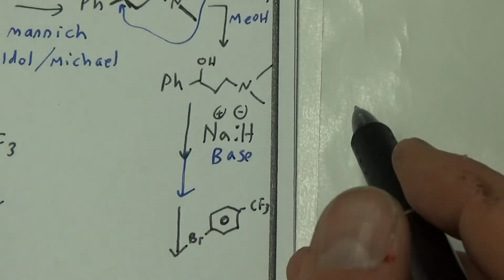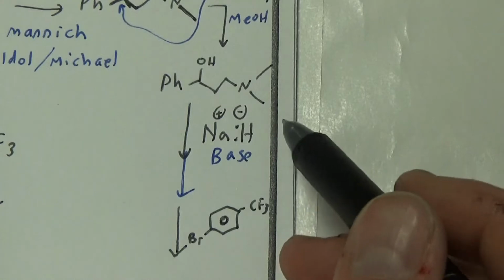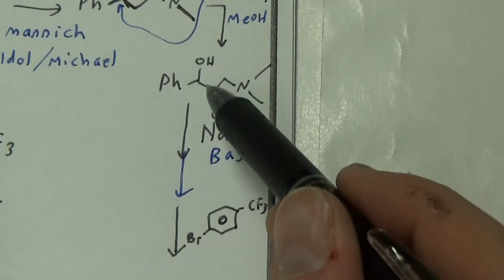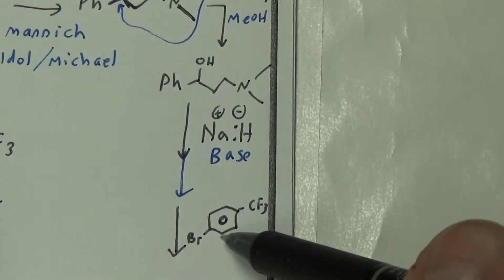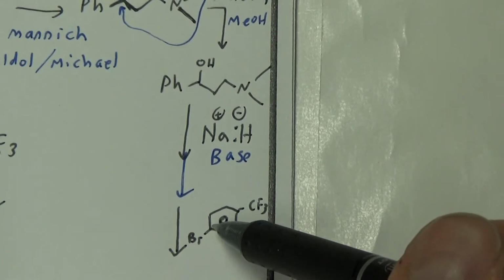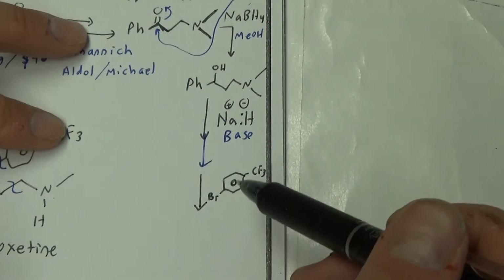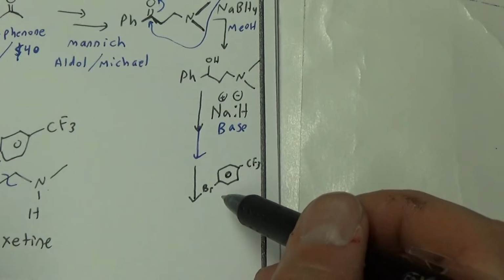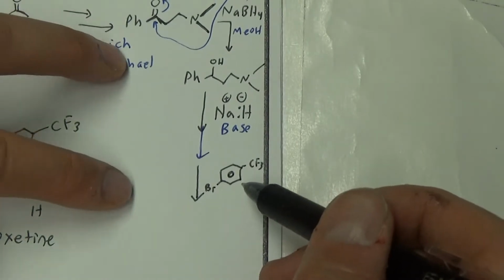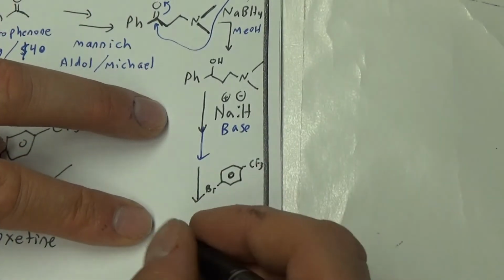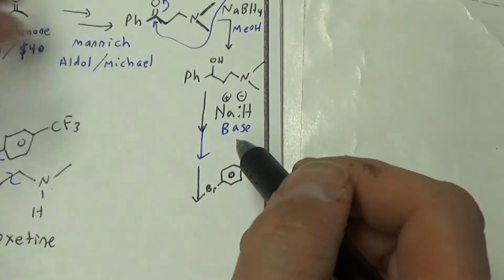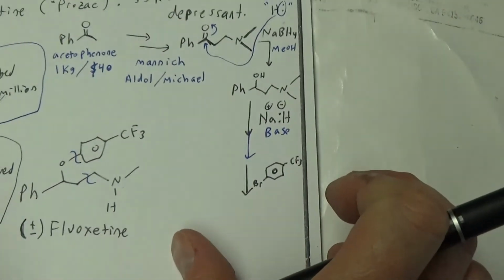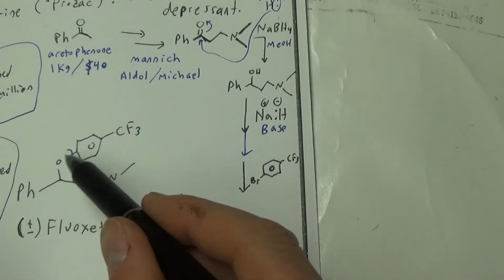I'll mention the mechanism in a second, but it actually attaches the oxygen to that carbon with the Br. It's kind of a weird reaction. We'll do the mechanism in a few minutes after this. But what do you get? This is how they form that oxygen carbon bond I was talking about.